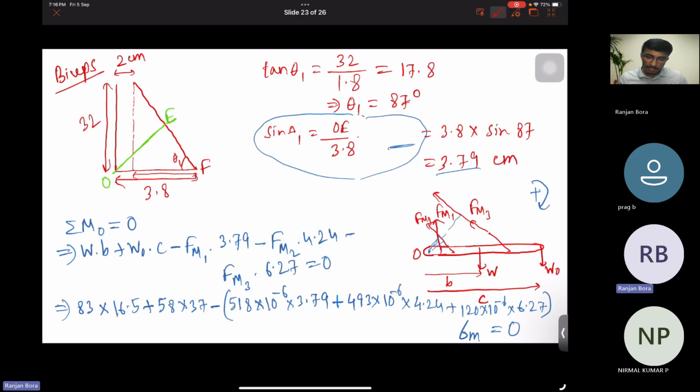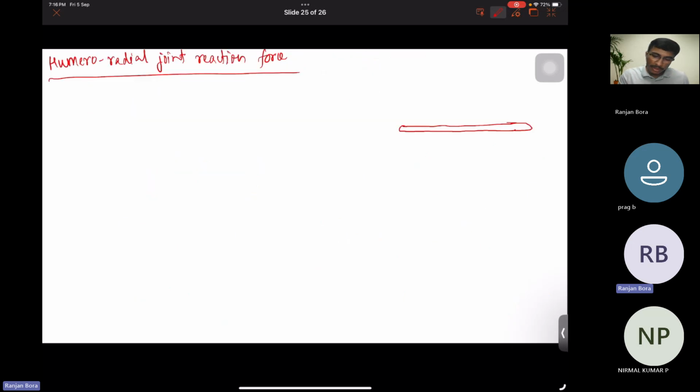Here we'll assume, let it be W1 or WR. WR is the weight acting on the radius bone, and the weight of the forearm is given.